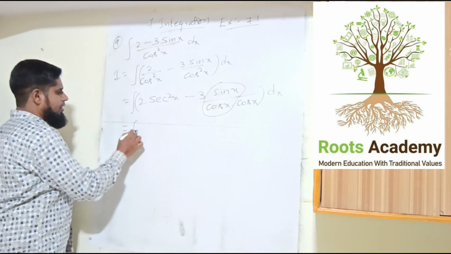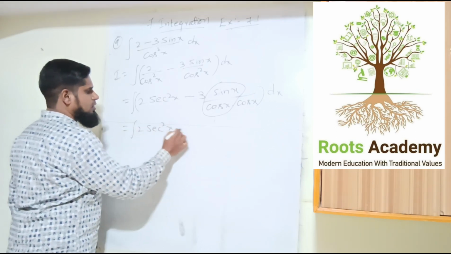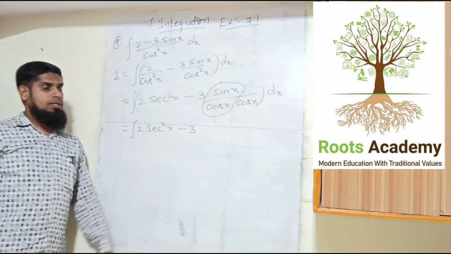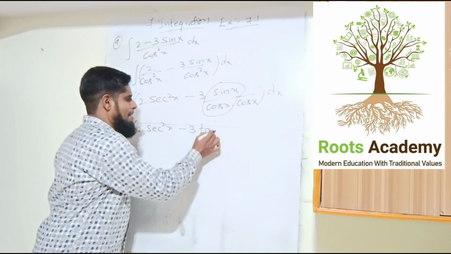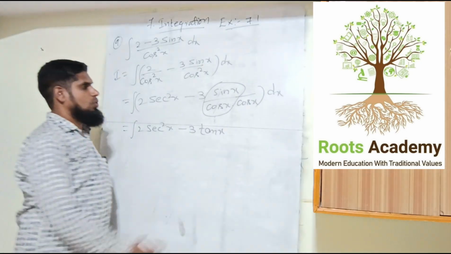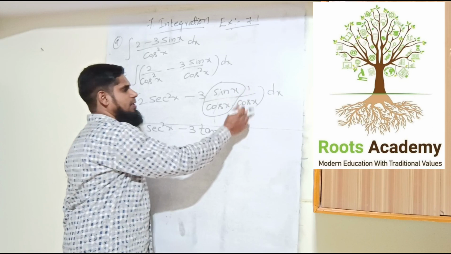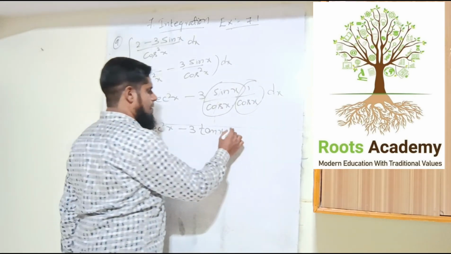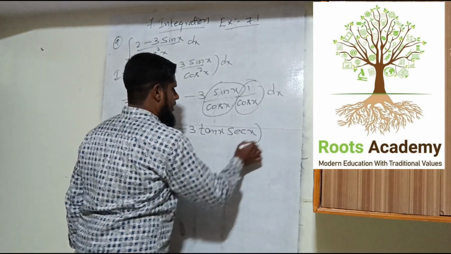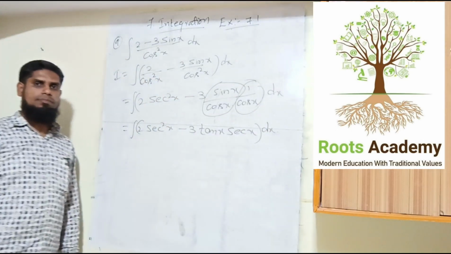So this is the integral of 2 secant square x minus 3 sin by cos, tan, into, nothing is there means 1 will always be there, 1 divided by cos. 1 by cos is secant x, close the bracket, into dx.